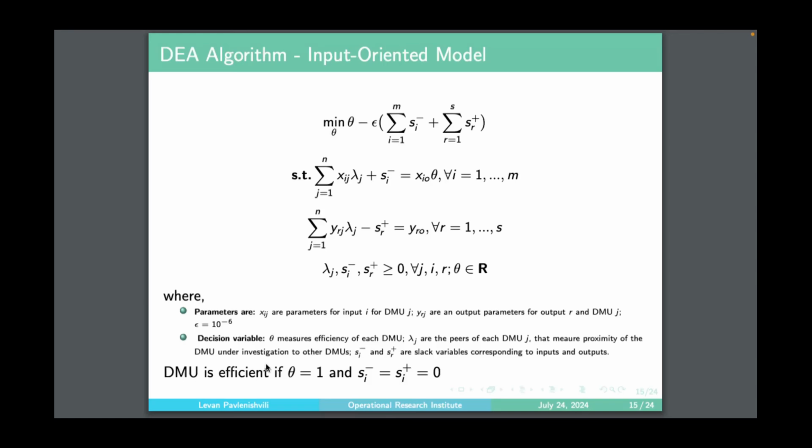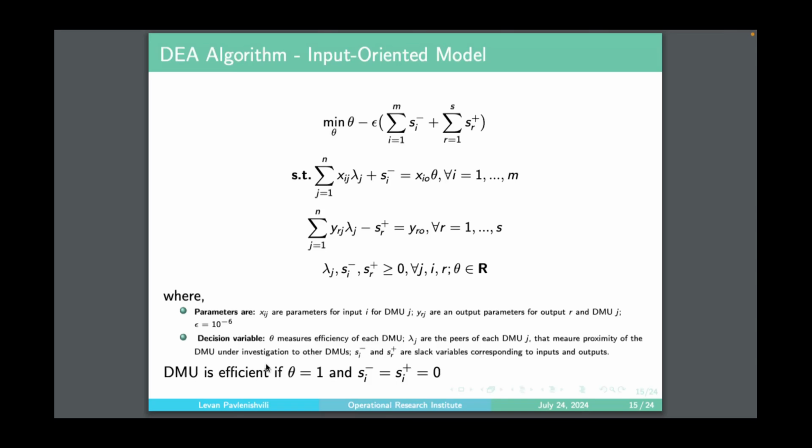Okay, so what these slack variables are doing for me is that if lambda j does not get a measure that exactly equals my input parameter, this slack variable helps me.